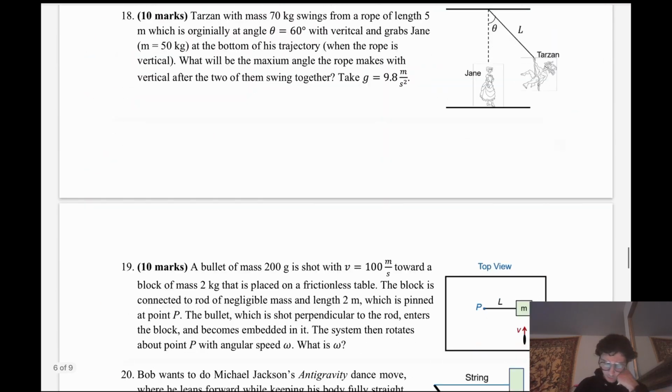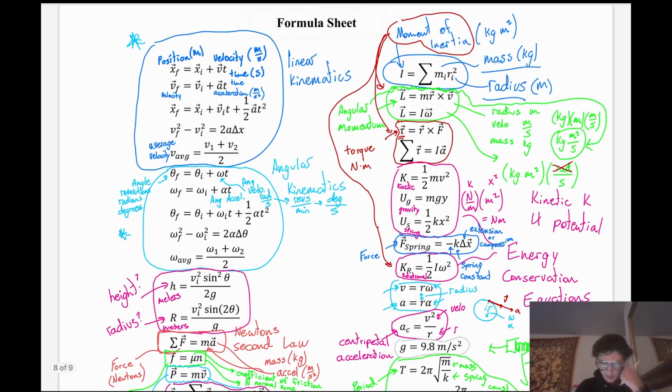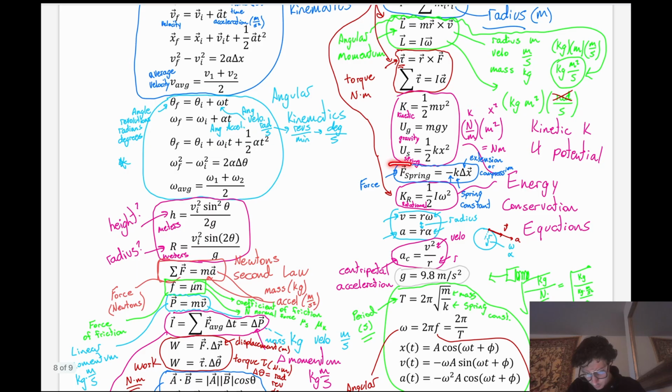I'm going to go back to the equation sheet real quick. And I remember, sorry it's so messy here. I don't really want to delete any of these writings. I know that there is a spring constant thing over here. So this is the equation I'm trying to draw out. Here's the spring constant, here's the force that the spring provides, and here's the extension. So we're given an extension and we're given the spring constant. From this, we can figure out what is the force that the spring is pulling the thing with.